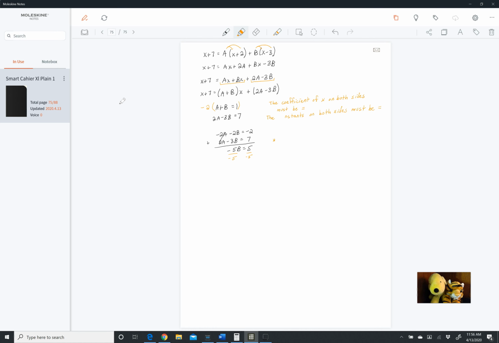So notice we're solving, and we're solving using elimination. It is perfectly fine to solve using substitution. So we got b equals -1.